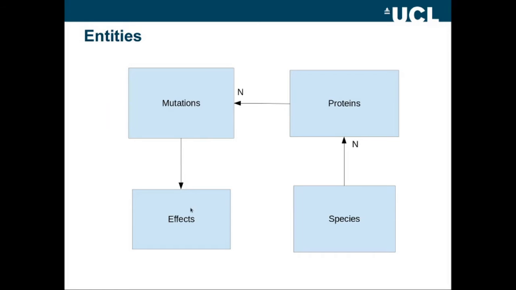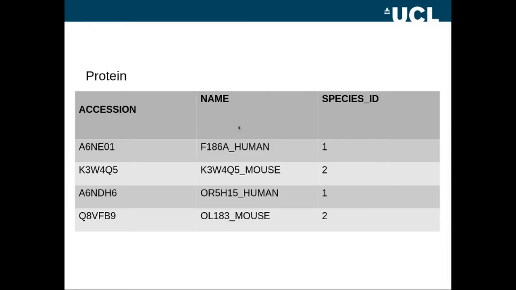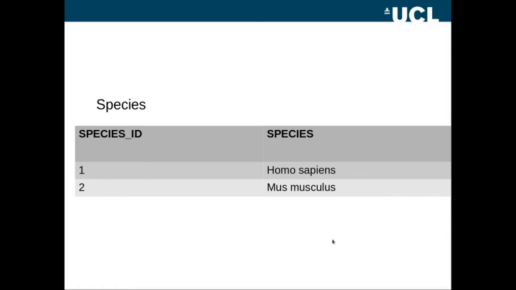So how do we create these tables? Well, the protein table would look like this. The protein has an accession, a name, and a species identifier. The species table links the species identifier to the species name.